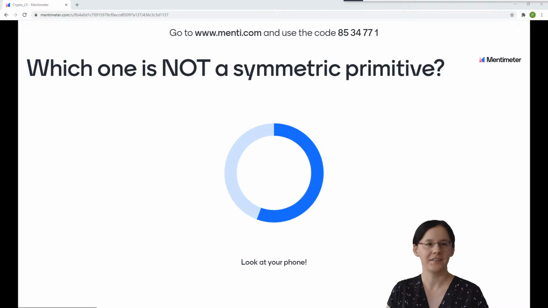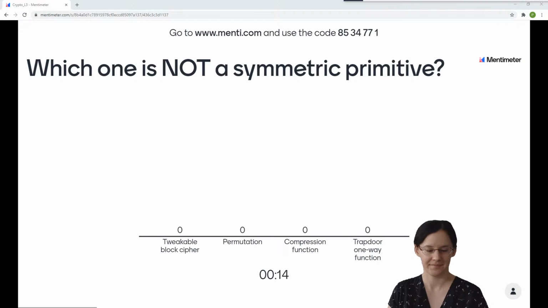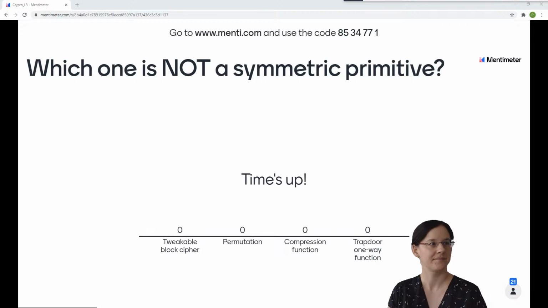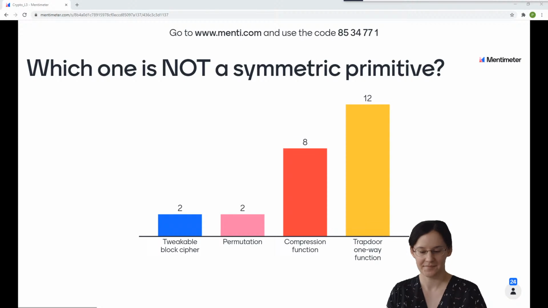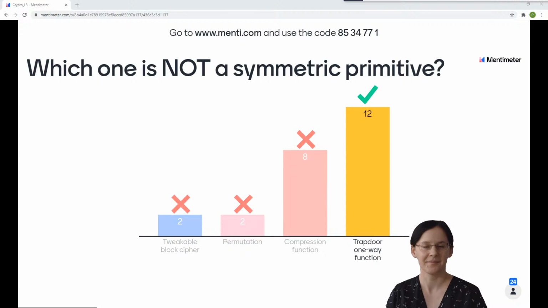So which of these is not a symmetric primitive? Okay, it looked like this was a bit more difficult, but most of you did pick the correct answer, which is trapdoor one-way functions.